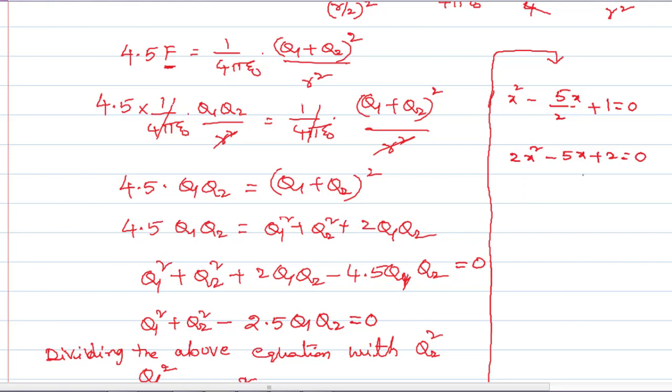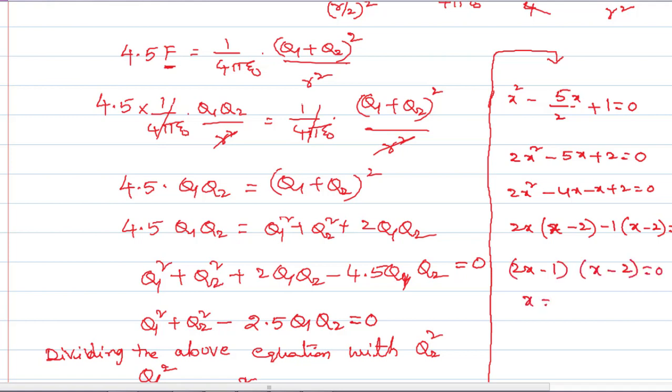Next, this is looking like a quadratic expression. In this quadratic expression, we can solve 2x square minus 4x minus x plus 2 is equal to 0. 2x is taken common: x minus 2, minus 1 is taken common: x minus 2 is equal to 0. Then we have (2x minus 1)(x minus 2) is equal to 0. Here x is equal to 1 by 2 comma 2.